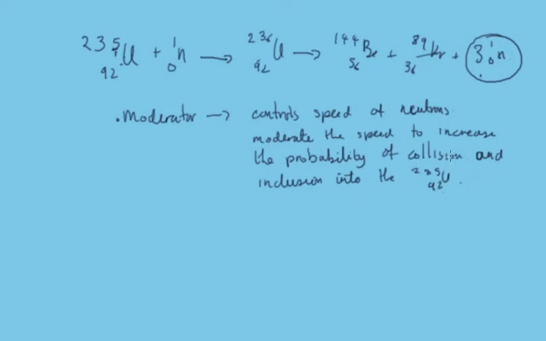So it's not even just a collision. If it's going too quickly, it might collide, but it might have so much energy it would just bounce off. So you need to have that optimum speed of the neutrons. But you also need control rods.